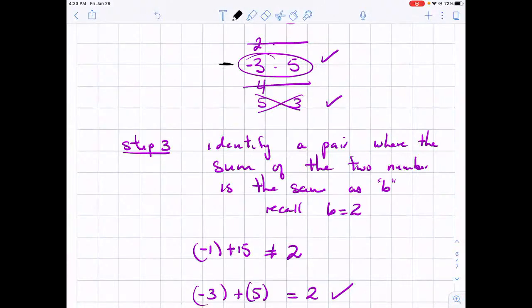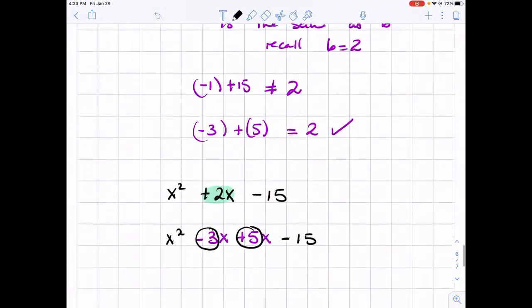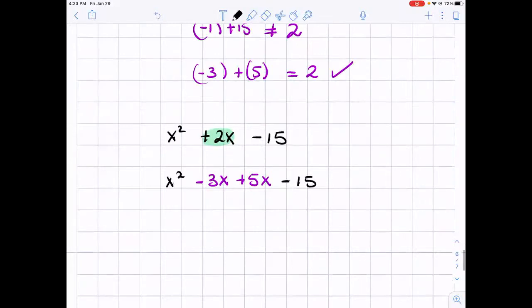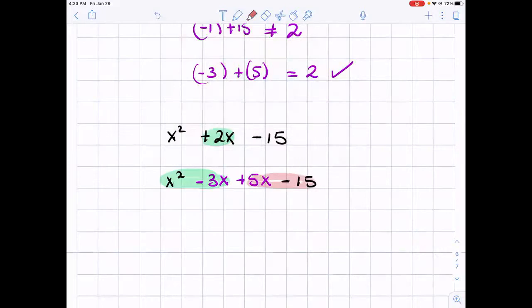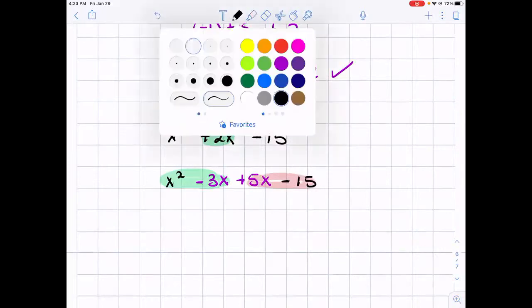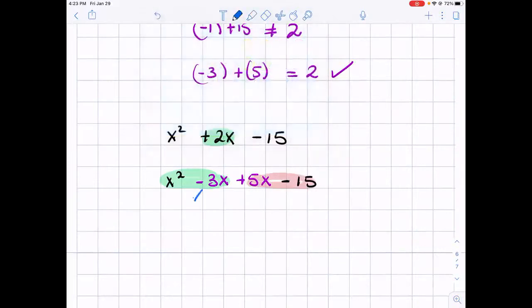Now notice you have a polynomial with 4 terms, so you can perform factor by grouping. So what's the GCF here? And what's the GCF on this side?